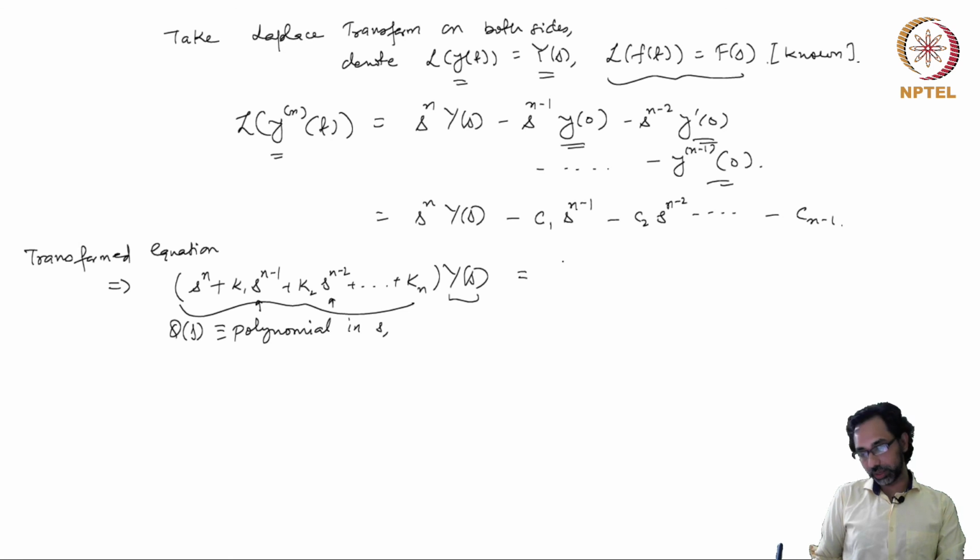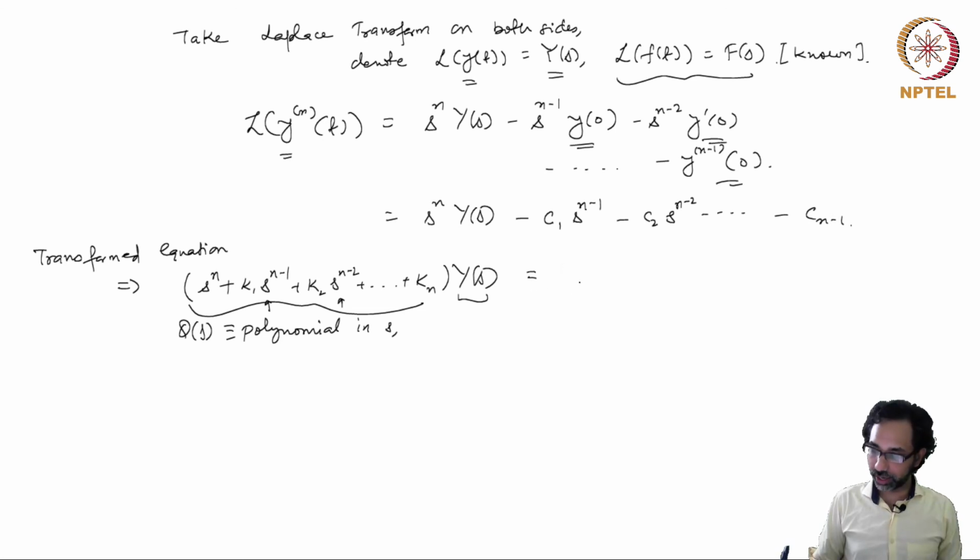Then you will have Q(s) Y(s) equal to some function P(s). On the right hand side you will have the Laplace transform for this function f, and then there will be other terms which come from the left hand side, which will be a polynomial P(s).